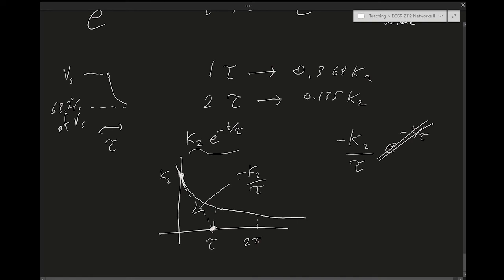And when time becomes tau, we end up with the change on the y-axis of minus K2. So K2 minus K2 becomes 0. We hit the t-axis at tau if we extend the initial slope of the exponential curve.